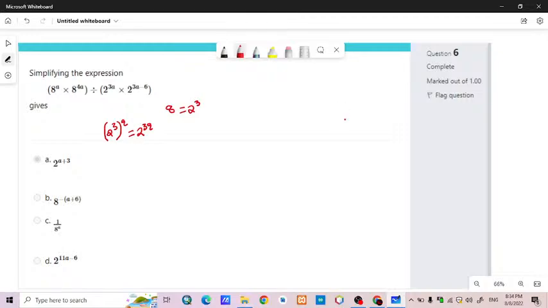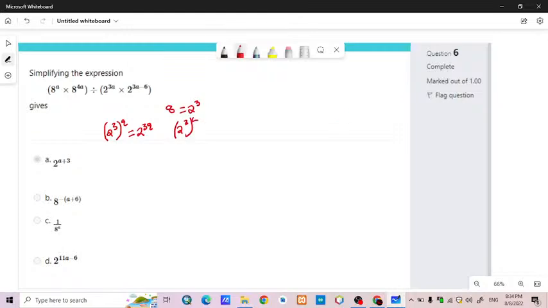Okay, and then we also have to convert this one into a number 2 to exponent 3. So we're converting this 8 to 2 to the power 3. So in that case, we're gonna have 2 to the power 3, and then we'll still keep the 4a.